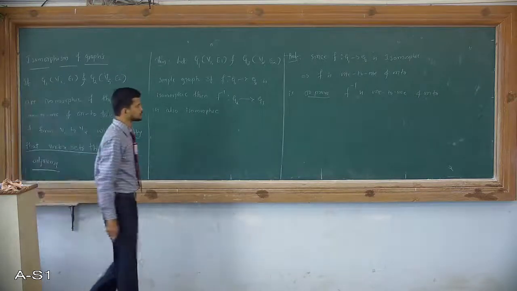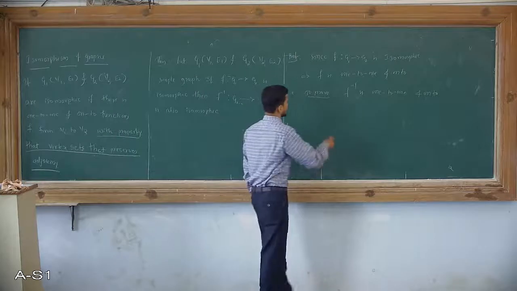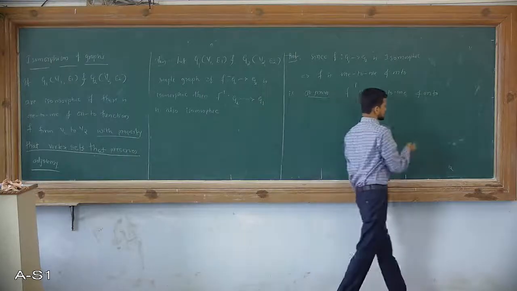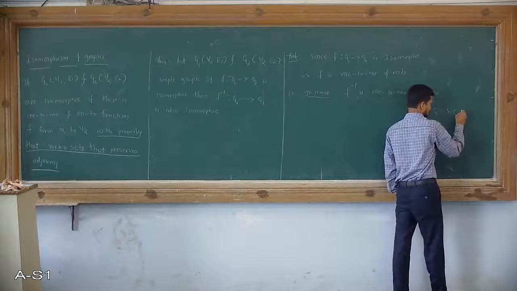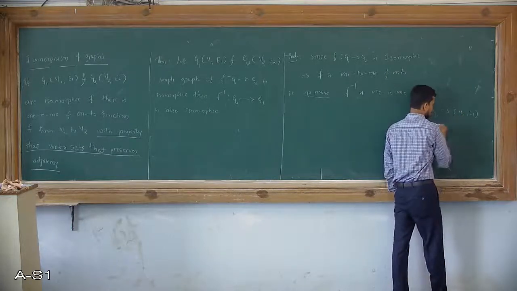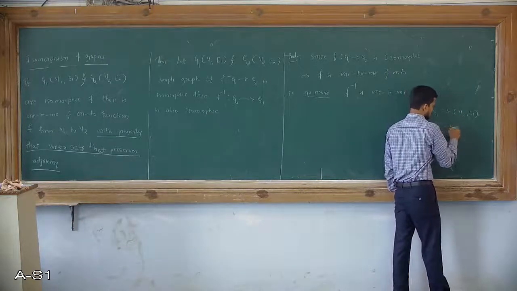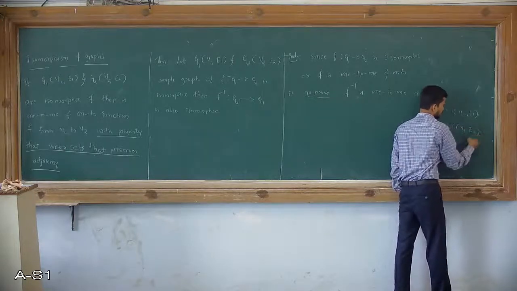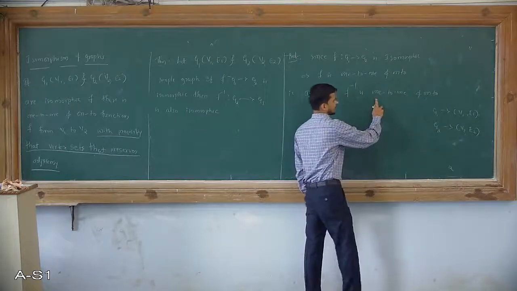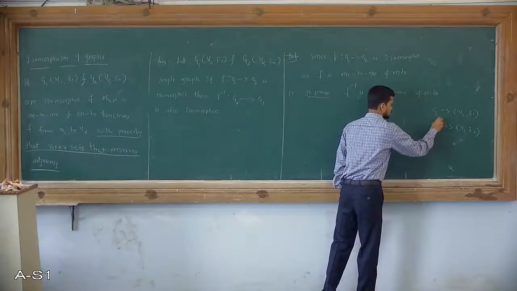Let graph G1 and G2, here I will write G1 corresponding to vertex set V1 and E1, G2 corresponding to V2 and E2. So here from G2 to G1 we need to consider.